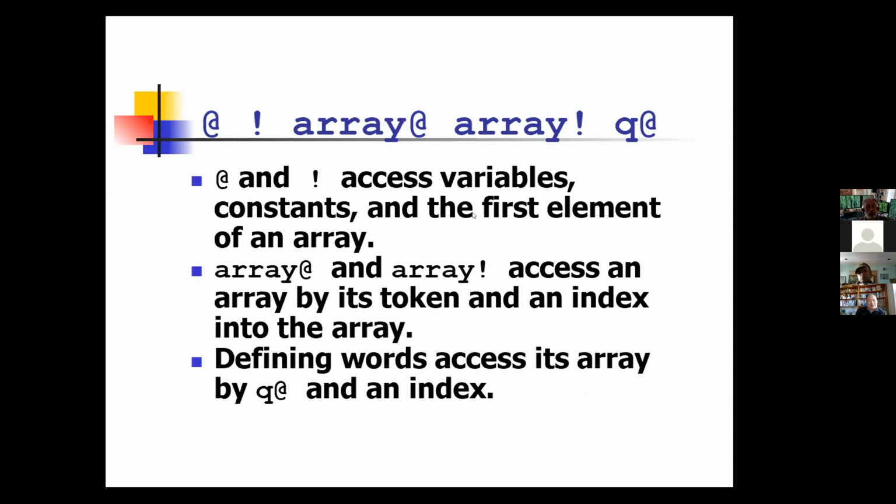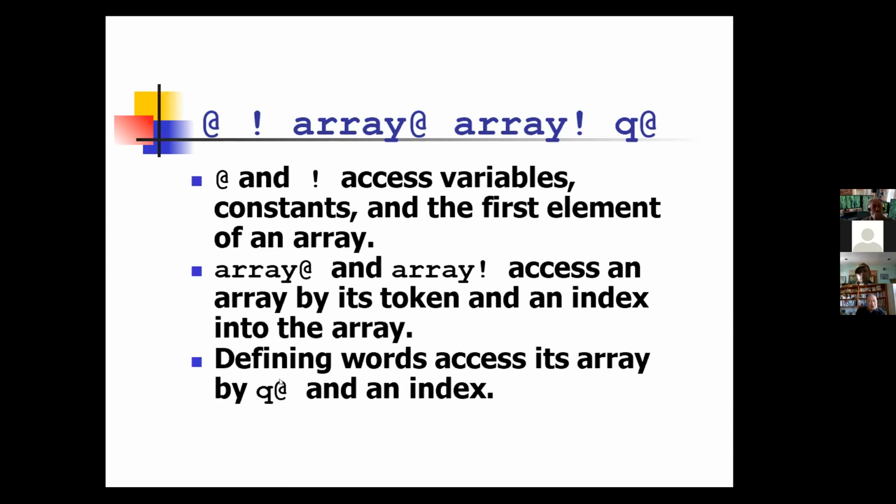And the array has many elements, but fetch and store just get the first element. To access other elements in the array, you use array fetch and array store. Array fetch and array store need 2 address pointers: one is the token of the array and one is an index, so you can access elements inside this array.